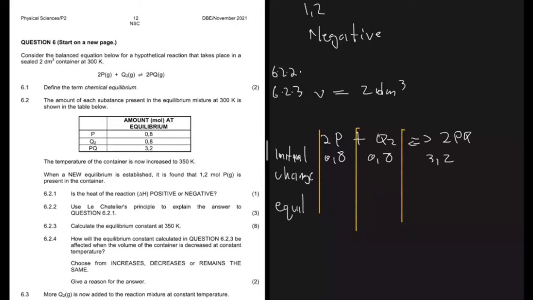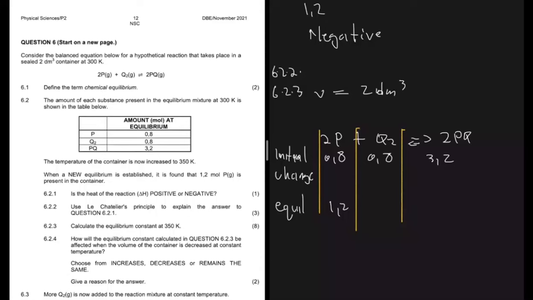So we are told that here at equilibrium for 2P, it's 1.2. So what's our change? If we find the change for P, then we can use the balancing coefficients to find the change for everything else. And then from there, we can find the concentration.